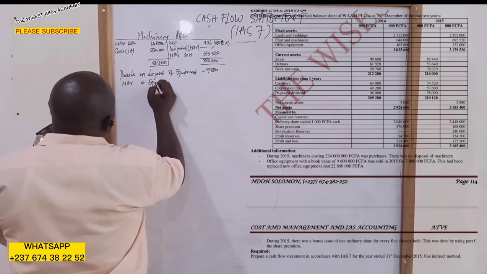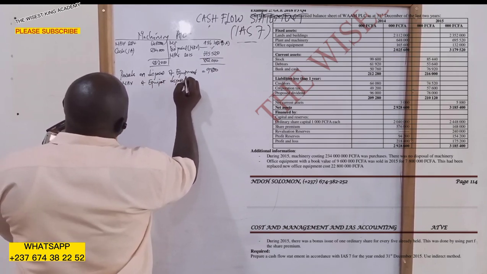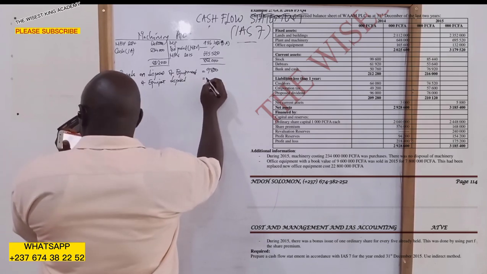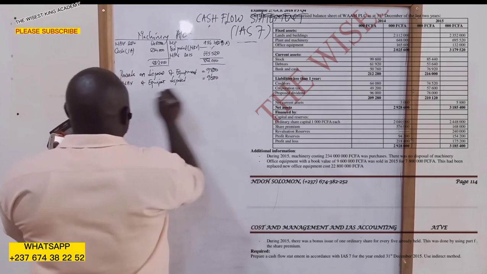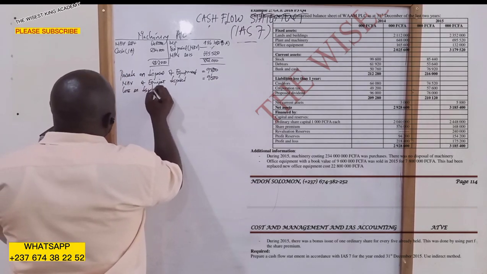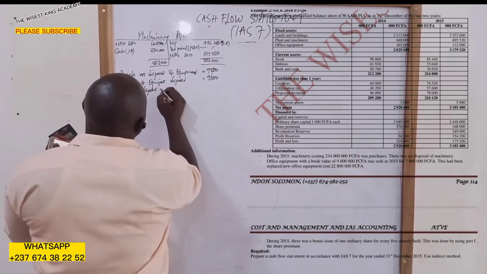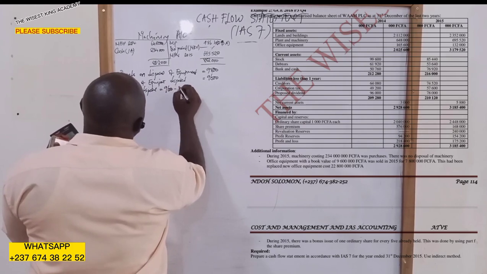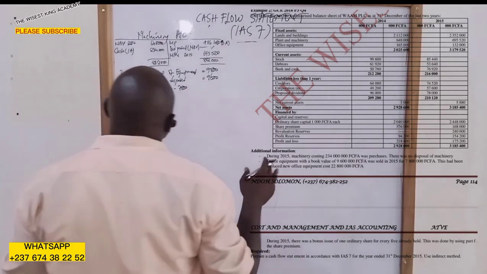of equipment disposed. The net book value of the equipment disposed is 9,600,000. So there is a loss on disposal of 9,600,000 minus 7,800,000.